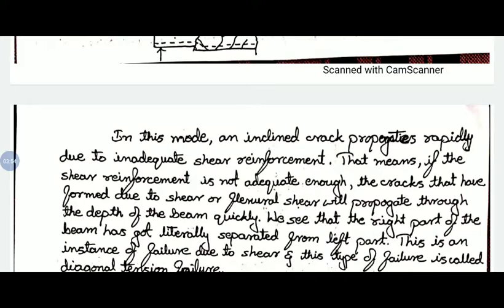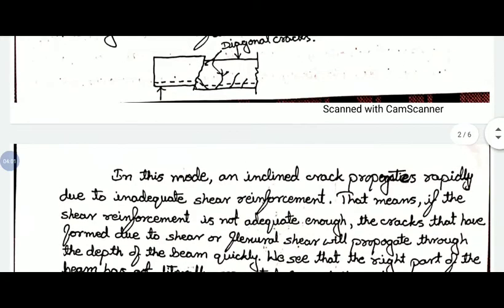If you observe in the figure, literally breakdown of the beam will occur. The beam will split into two parts. So this is the example for failure due to shear, and this failure is called diagonal tension failure.